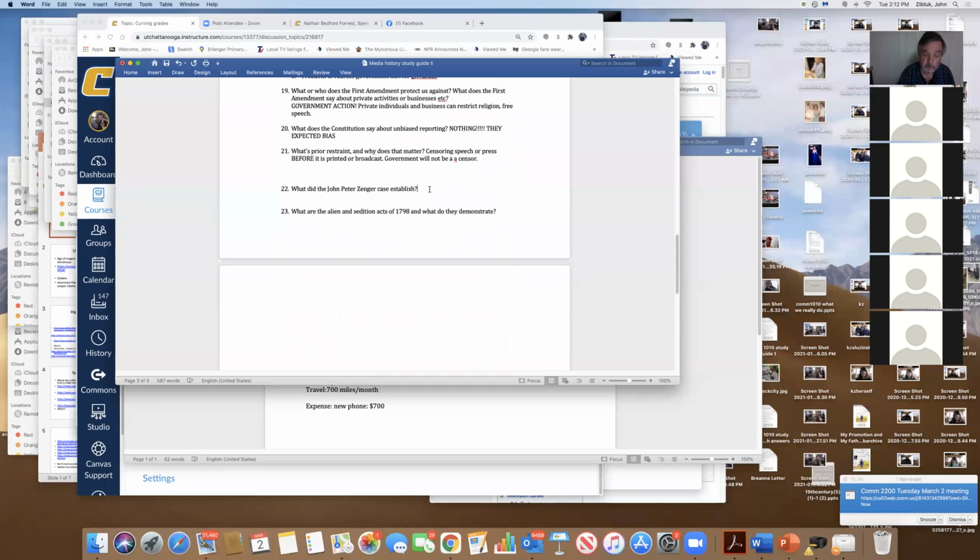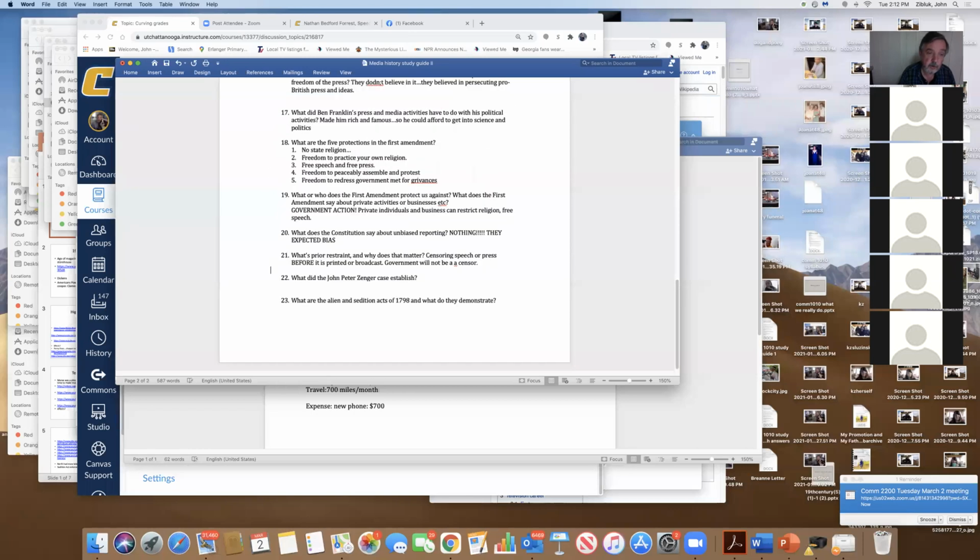Zenger was the publisher who published stories about a corrupt governor and was arrested. But he got free because truth is a defense against libel and for free speech.